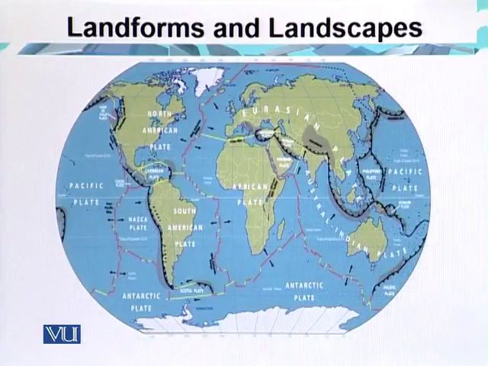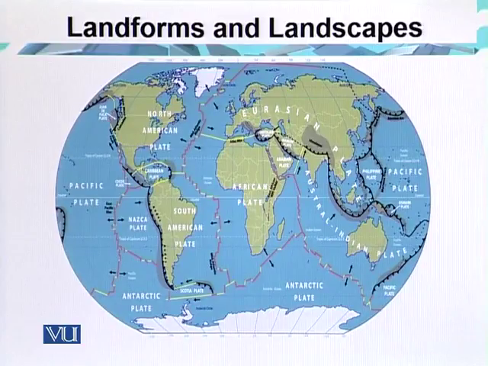If you look at the map of the world, this is actually called the tectonic map of the world. Most of the area is under the convergence and divergence zones.